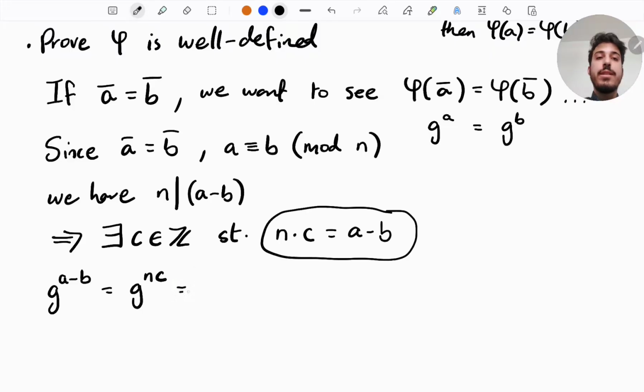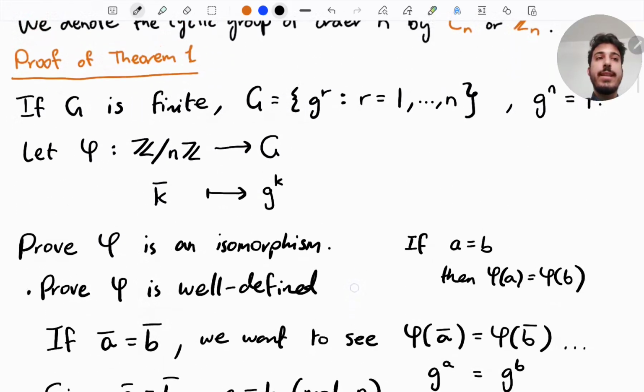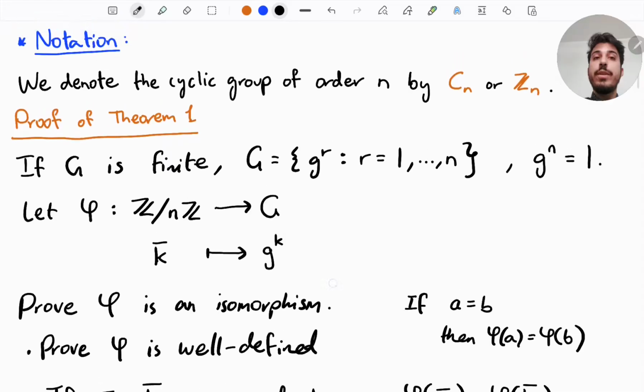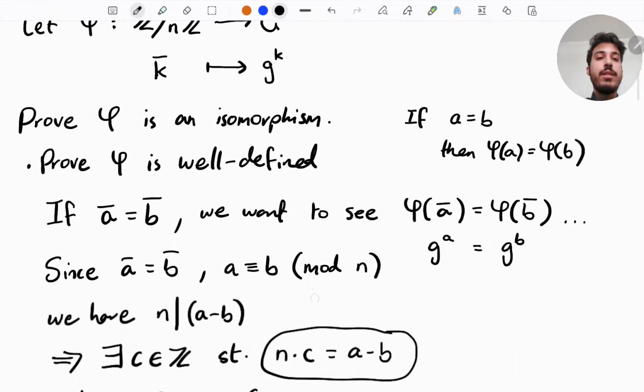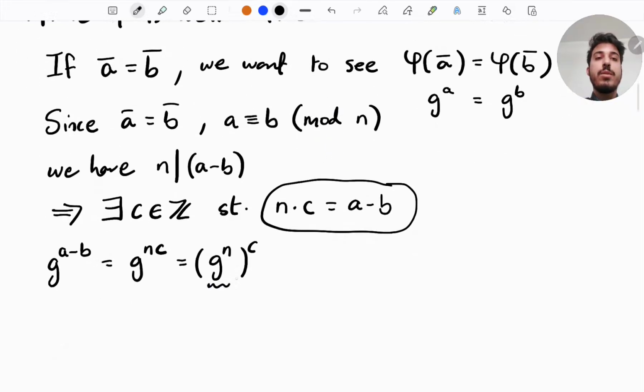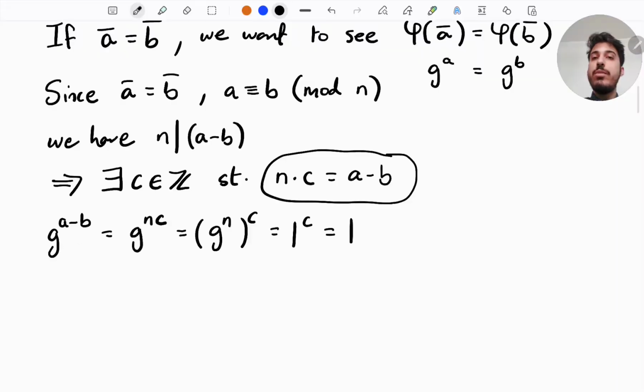and by exponent laws, this is equal to g to the n to the c, and we know that g to the n is equal to the identity. So this is identity to the power c, which is equal to the identity. And we know that g to the a minus b is equal to g to the a times g to the minus b by exponent laws.